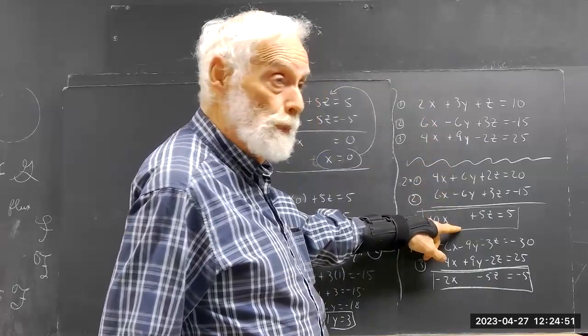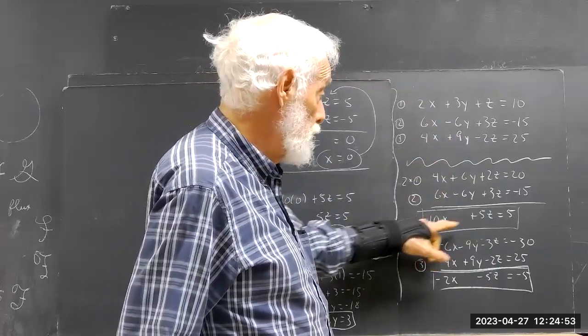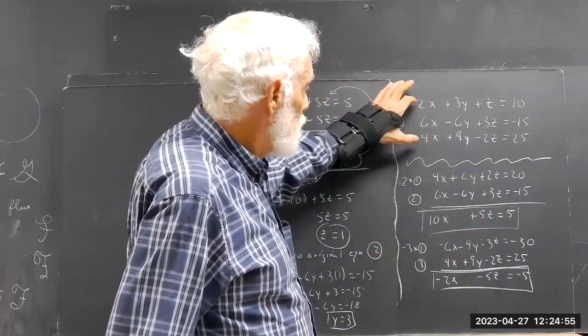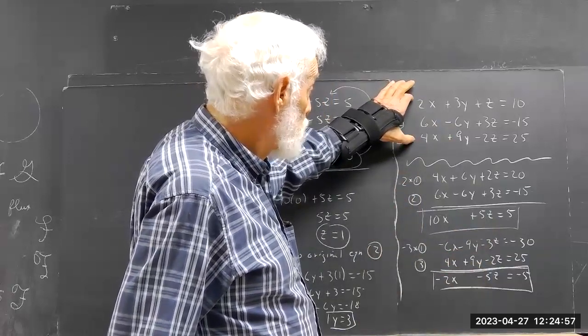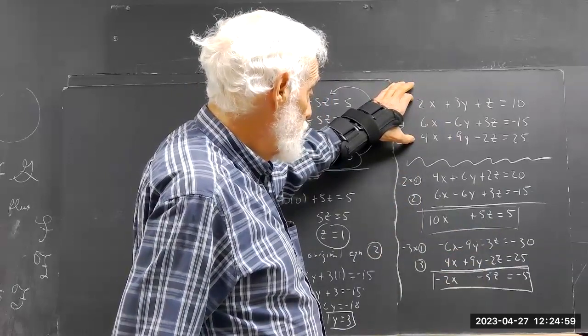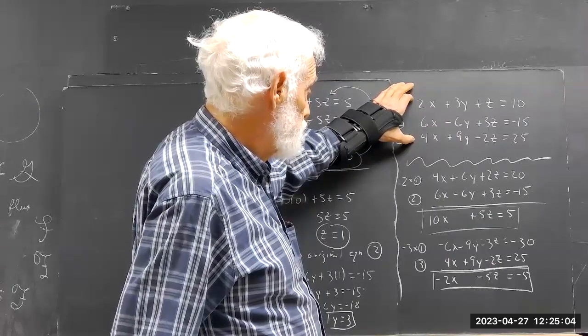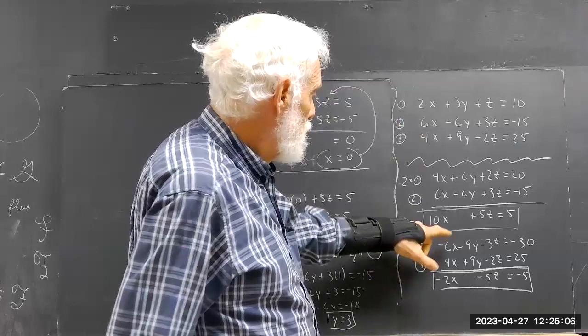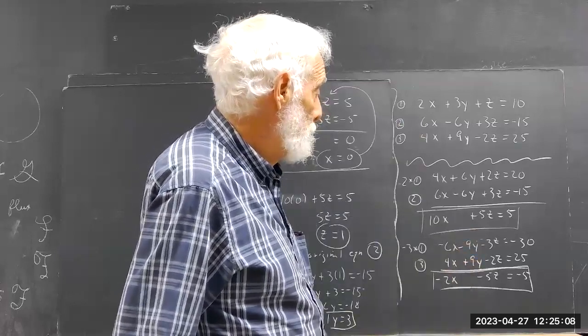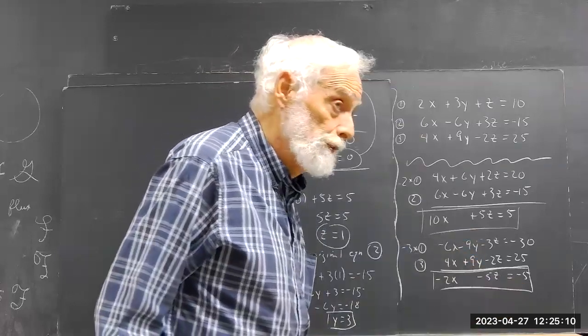It leaves me with an equation in x and z. Then I chose the first and third equations and eliminated y. That gave me another equation in x and z.